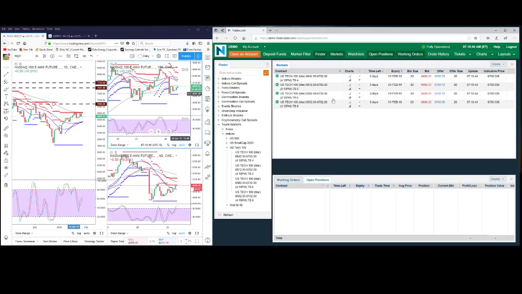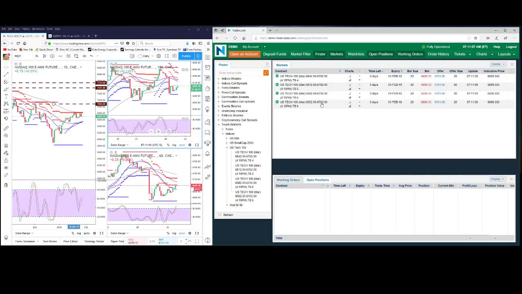Now, why would I look at the ceiling prices? Because that is the one that I want to look at for a short position. So in this case, if I'm looking to go short, then I do not want price to touch the ceiling.